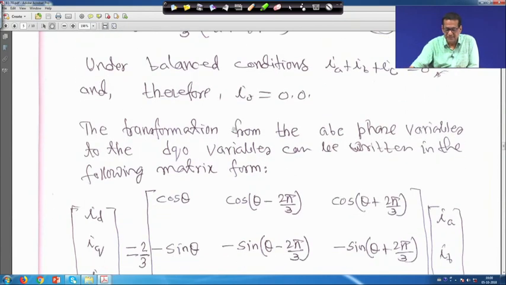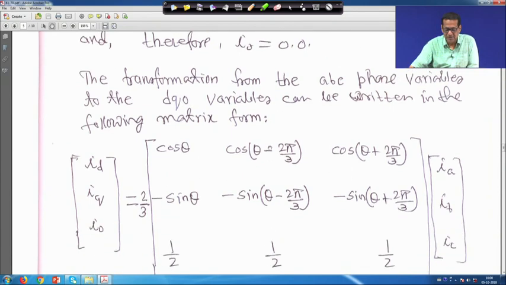Therefore, the transformation from the ABC phase variables into the DQ0 variables can be written in the following matrix form.